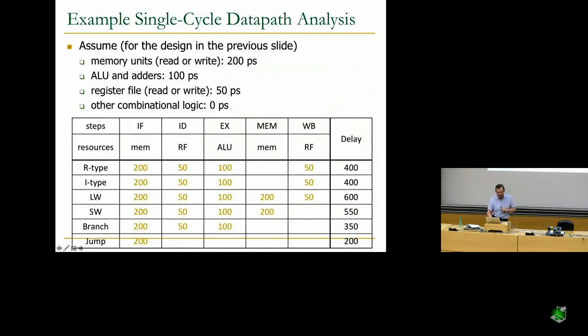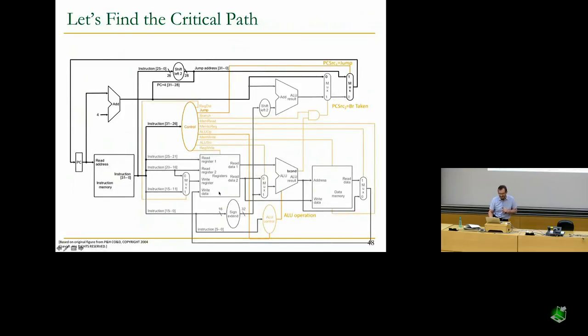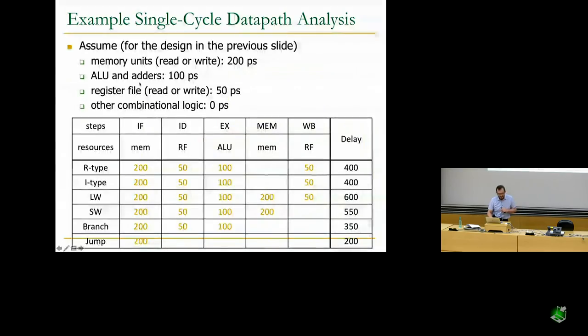Assume for the design in this slide: instruction fetch and memory units, read or write, take 200 picoseconds; ALU and adders take 100 picoseconds; register file read or write takes 50 picoseconds; and we're going to magically assume that all other combinational logic is free, 0 picoseconds. It's not realistic, clearly, based on what we've learned in lecture 8, but let's simplify the problem.